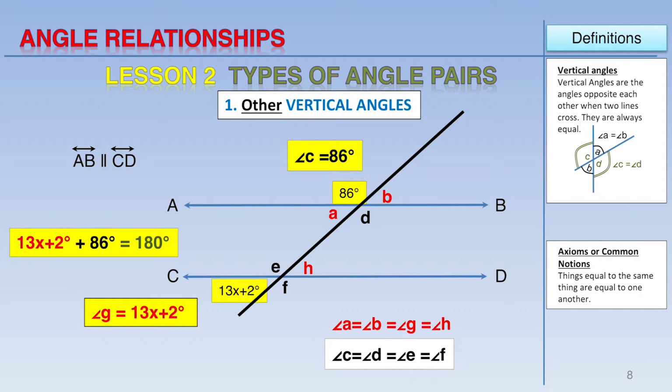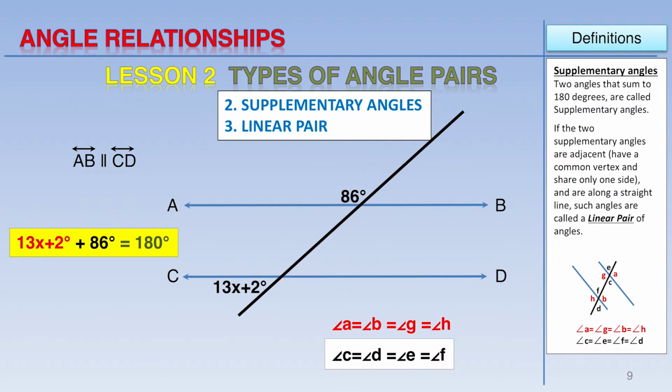We know that their sum equals 180 degrees, which gets us into a definition of the two other angle pairs that we're going to talk about in this lesson: supplementary angles and linear pair. What's great about this, if we look at a linear pair, it's a special supplementary angle we covered in Lesson 1, is that if it's along a straight line, those two angles, when they're cut by another line, the sum equals 180 degrees. And so you can see the expression that we have in the yellow is the equation for that expression and the relationship between those degrees.